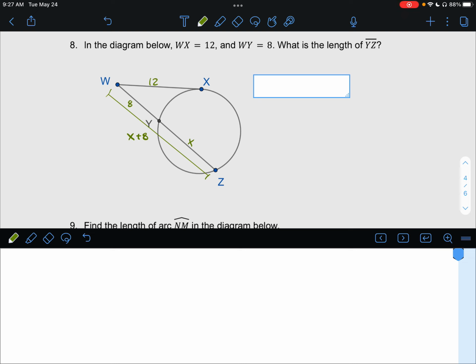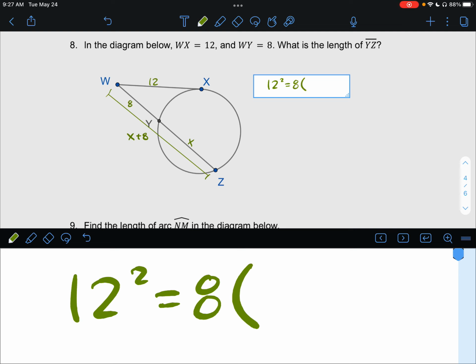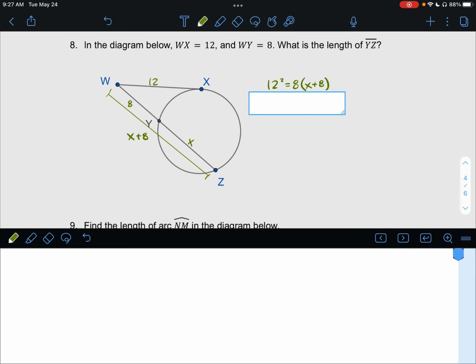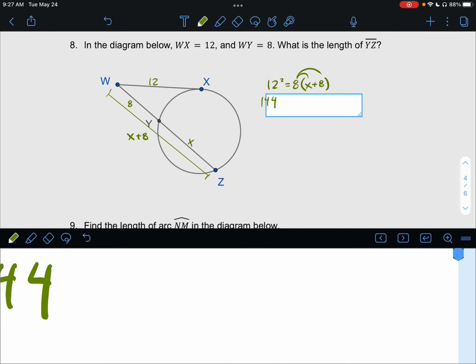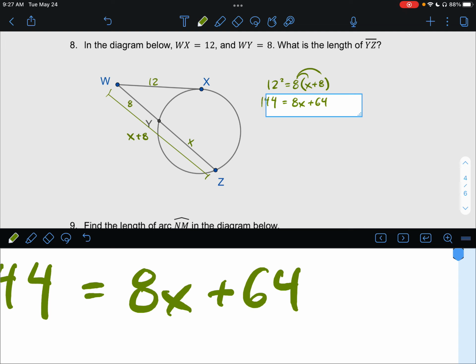So I want to do my tangent squared, so 12 squared equals the outer part times the entire length. 12 squared is 144, and then I distribute the 8, so equals 8x plus 64.